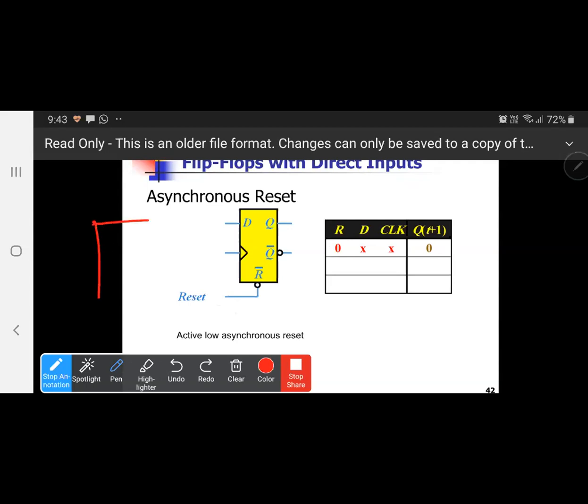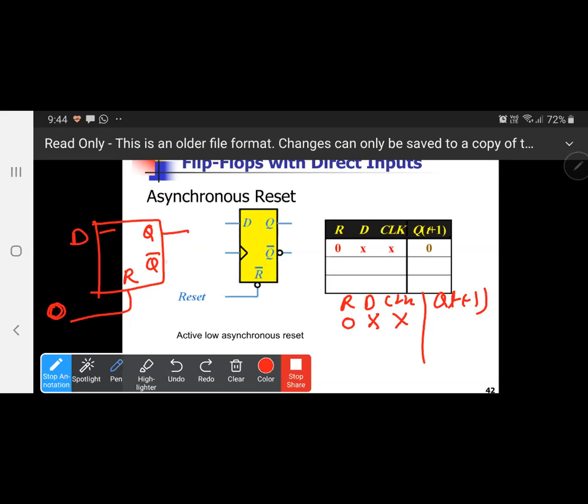Here is R, this is D, this is clock, and this is Q(t+1). If R is 0, whatever the value of D, and whether you are giving clock or not, could you tell me what will be the result here?